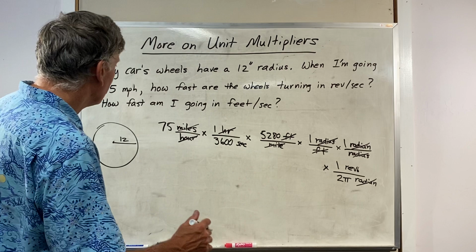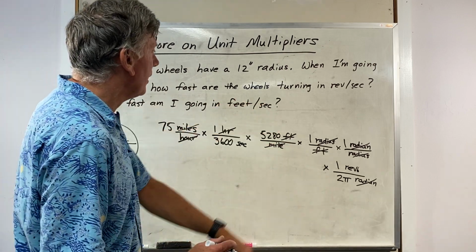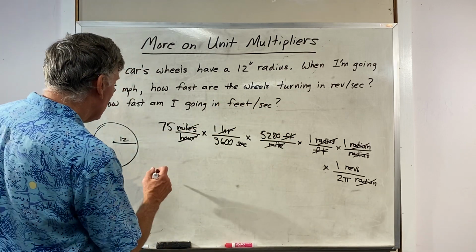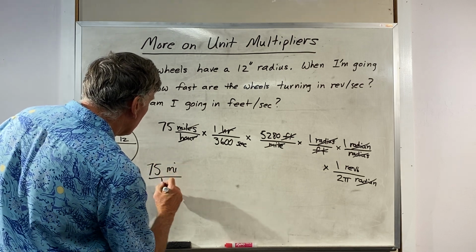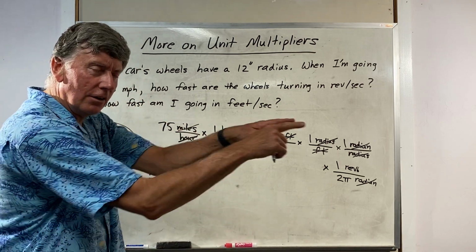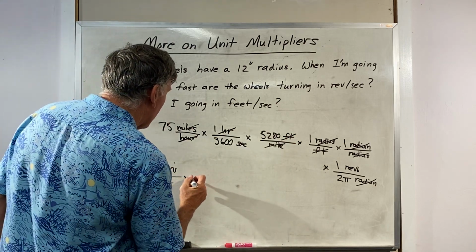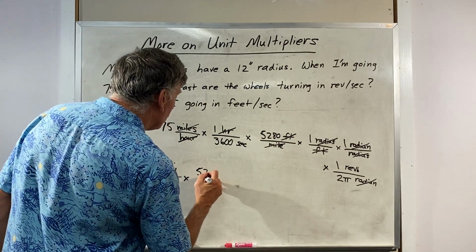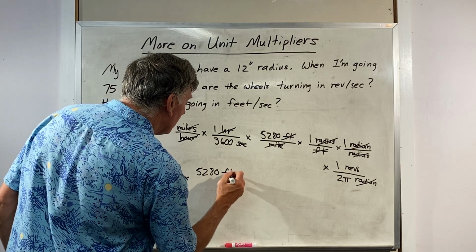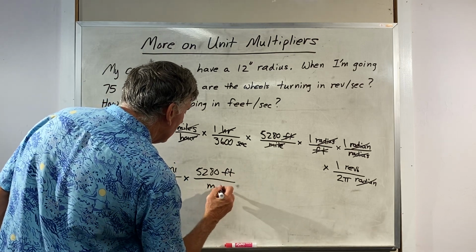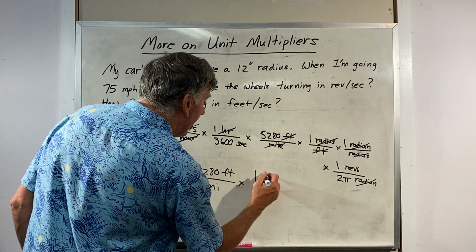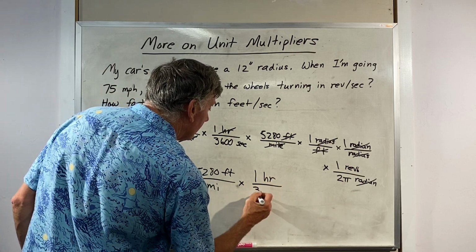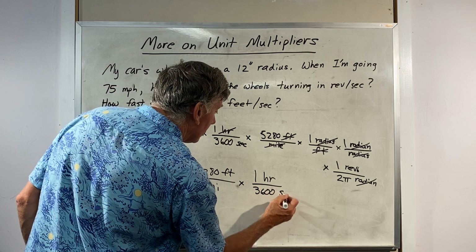The second question is actually much easier. How fast am I going in feet per second? Well, I'm going 75 miles per hour in a linear direction. That translates to 5,280 feet per mile, and 1 hour over 3,600 seconds.